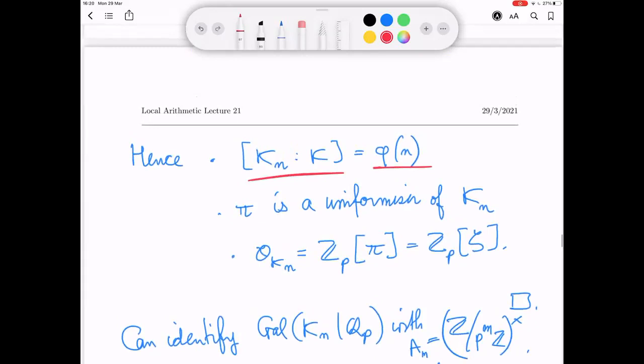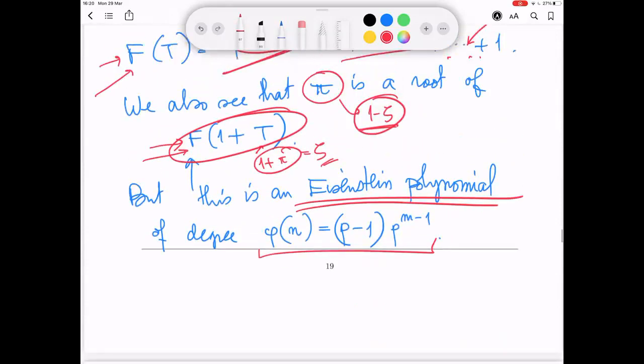But why is Kn equal to Qp(pi)? Because it's equal to Qp(zeta), right? And pi was 1 minus zeta, or zeta minus 1, I don't remember, 1 minus zeta.